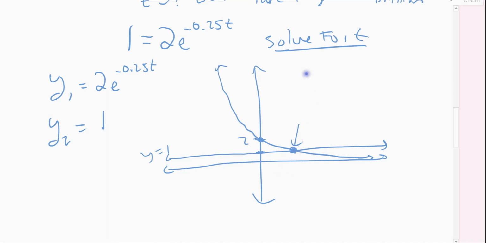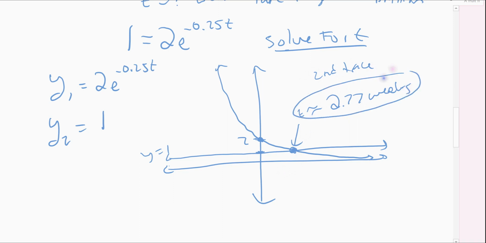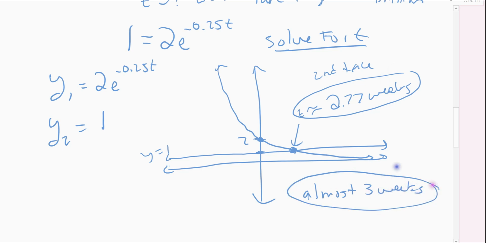Remember, you hit second trace, pick intersect, first curve, second curve, guess, and it looks like it occurs in a little less than 3 weeks. 2.77 weeks is almost 3 weeks. So it takes a little bit less than 3 weeks to cut the population in half.